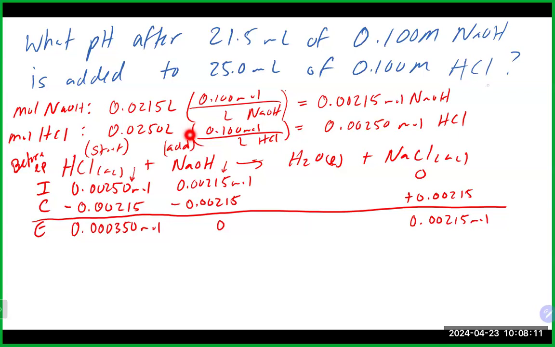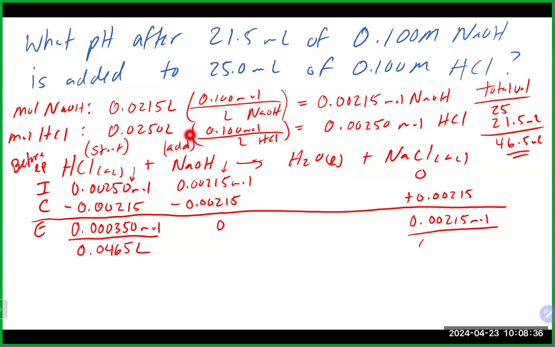We do want our total volume. In this case, we started with 25 milliliters and added 21.5 milliliters, so 46.5 milliliters is our total volume. We're going to convert that into liters and convert this back into molarity. So we'll divide by 0.0465 liters.